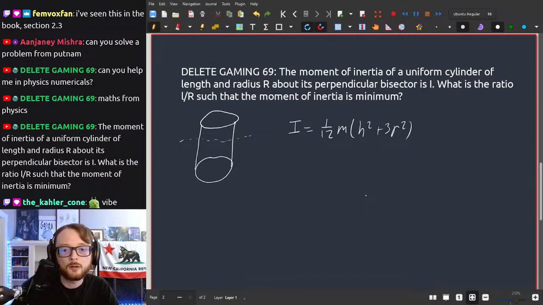But here, both the height, or both the length and the radius are capital R. So I'm going to edit what I just wrote here. So we get 4/12, which is 1/3.